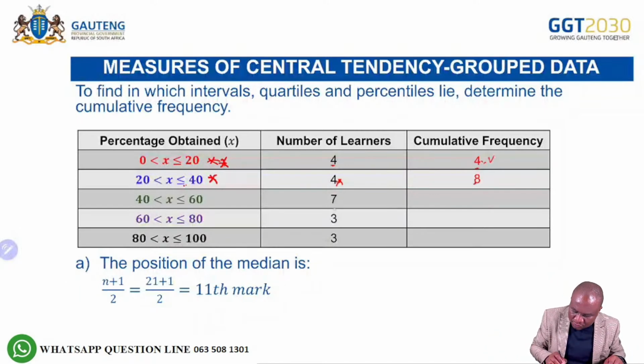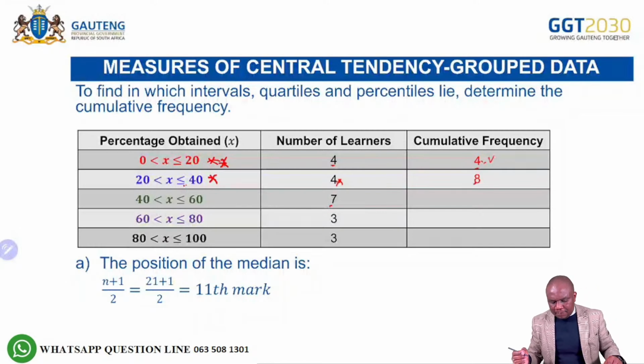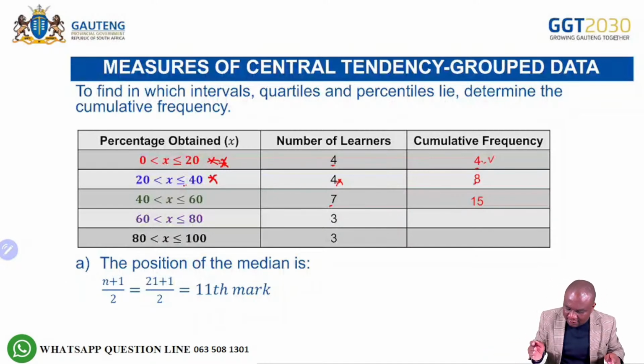And then to the 8, we add the 7, becomes 15. Up to 15 marks, now arranged from the smallest up to the 15th mark. So it means the first 15 marks are from 60 going down. I think you've understood that part.